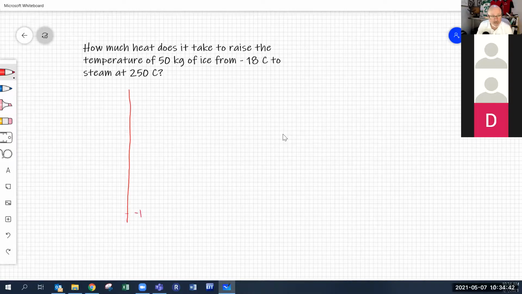So we have minus 18 degrees C. And then we have to kind of stop right here at the freezing point. So that's why I write that down so we know. Then I have to stop at the boiling point because I got to change a state there as well. And then I go all the way to 250 degrees C.